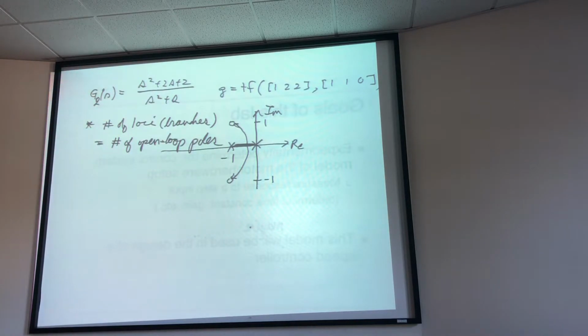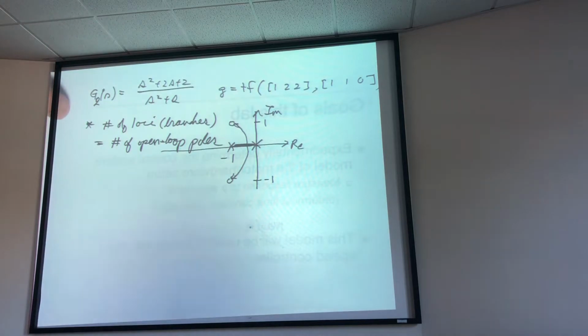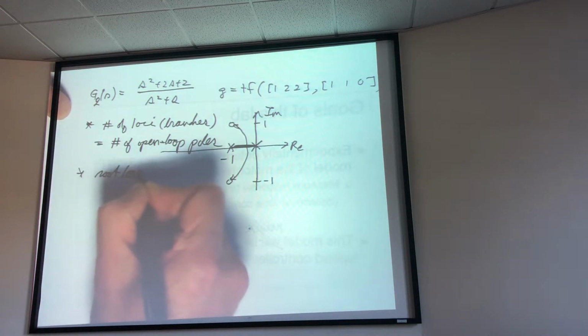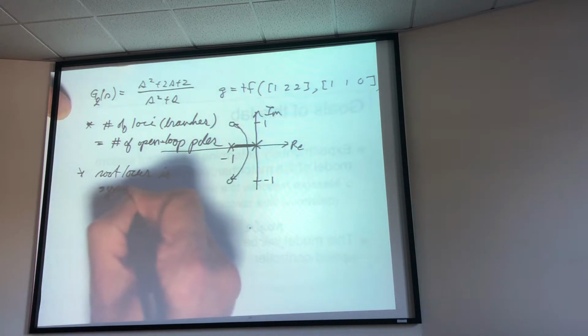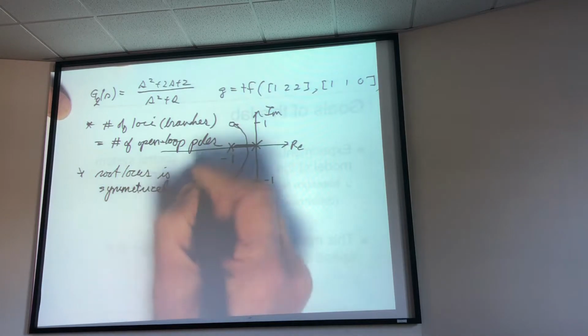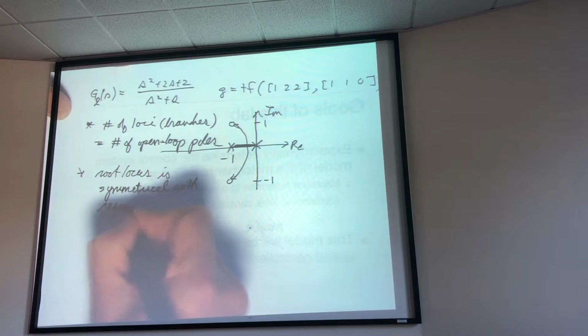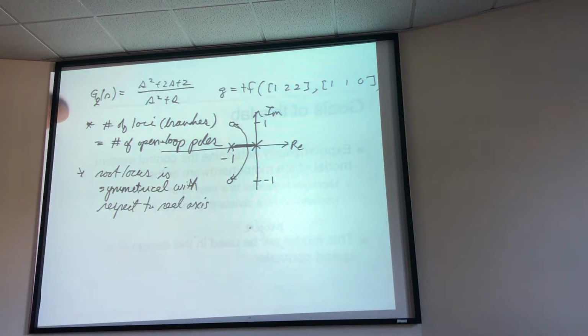Everything always comes, if it's complex, it's going to come in a pair. So that means there's going to be symmetry. And so the second thing we should see is that the root locus is symmetrical. It's symmetrical with respect to the real axis.